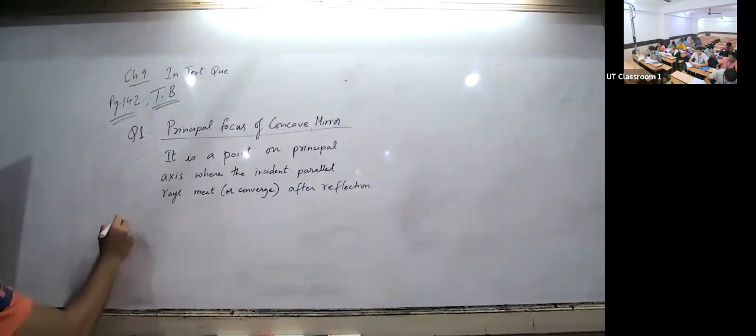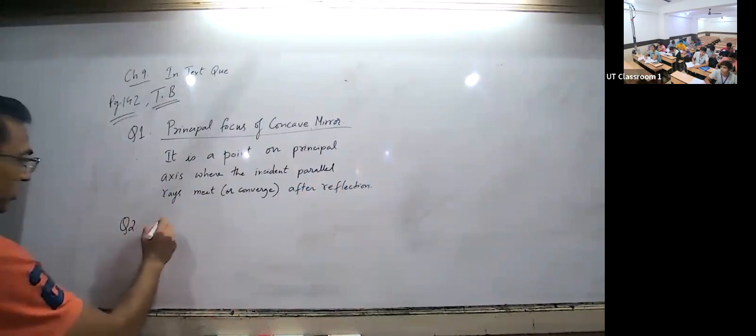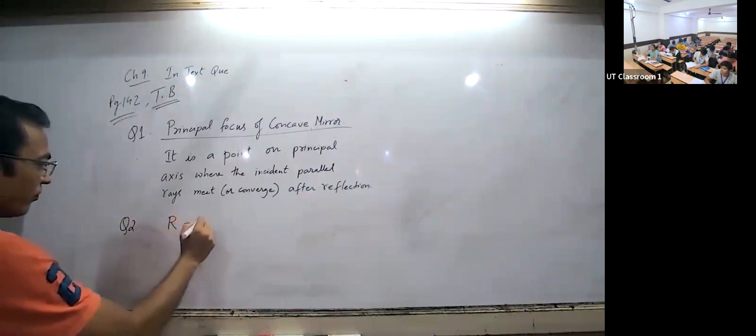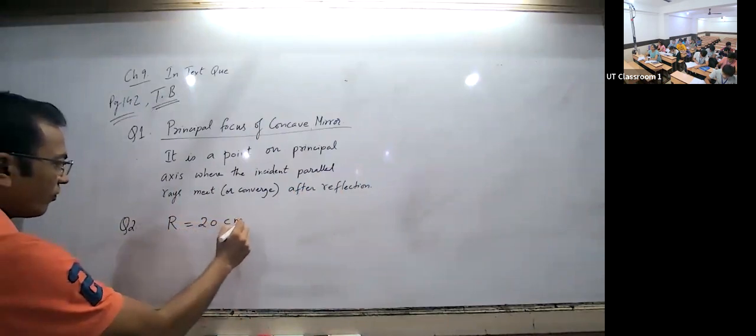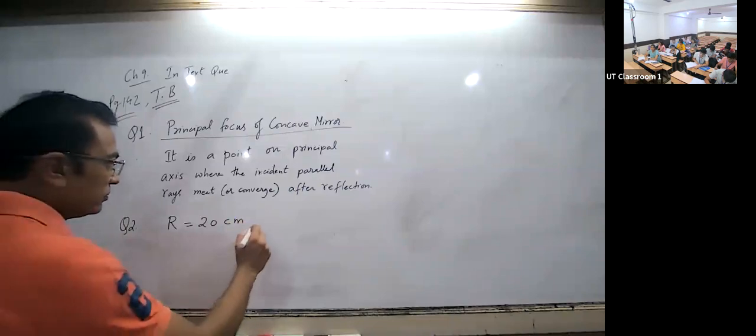Second question. The radius of curvature of a spherical mirror is 20 centimeters. What is the focal length?